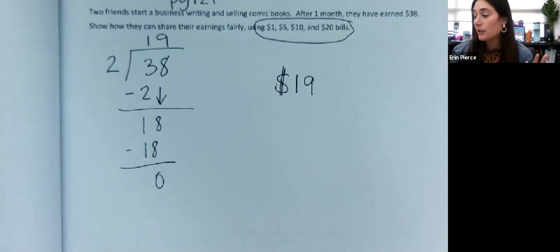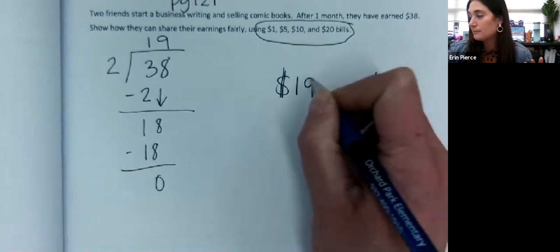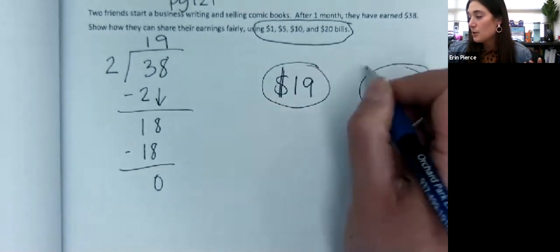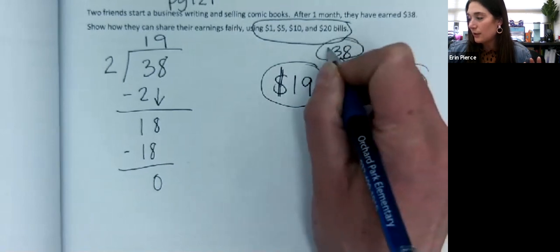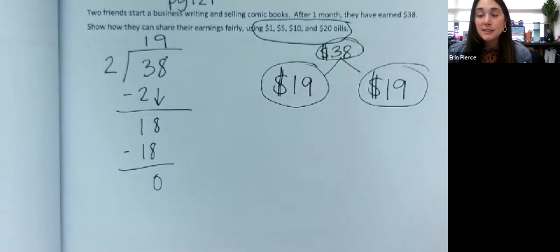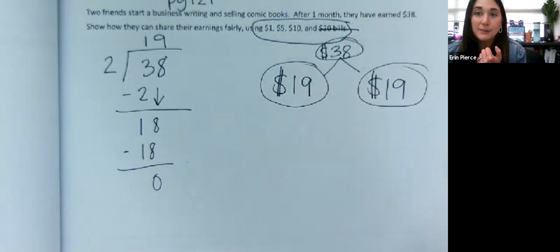Well, if each person's going to get $19, that's what we get if we divide 38 equally. Each person cannot get a $20 bill, because that would be too much money for one person. So we cannot do $20 bills.